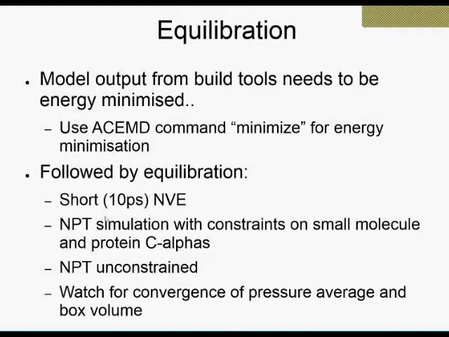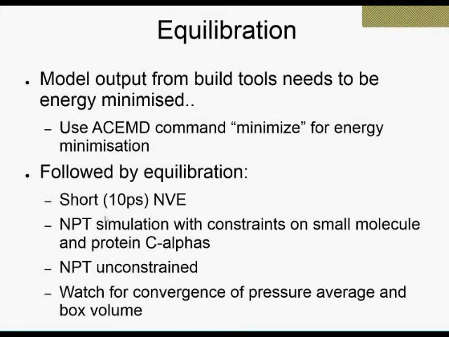So you keep these things constrained until the pressure is close to the desired pressure, which would be around 1 atmosphere. You really have to watch this by eye. You would watch the output of ACEMD. You see the running pressure average gradually approach the set value, and you'd also watch the box volume for a while to make sure that it's converging to a stable quantity.